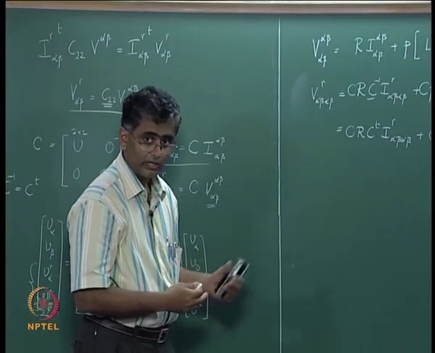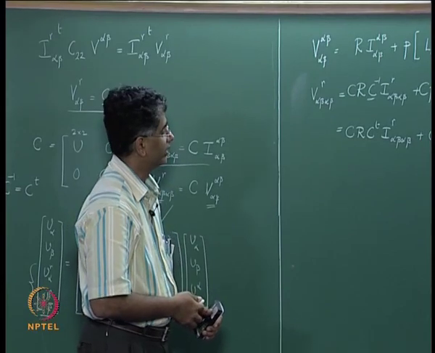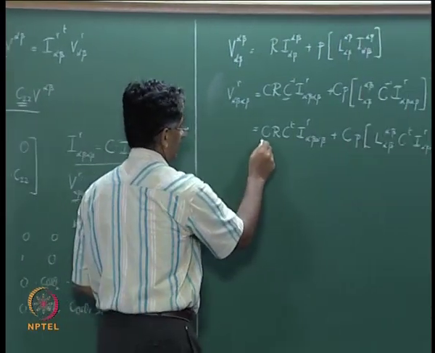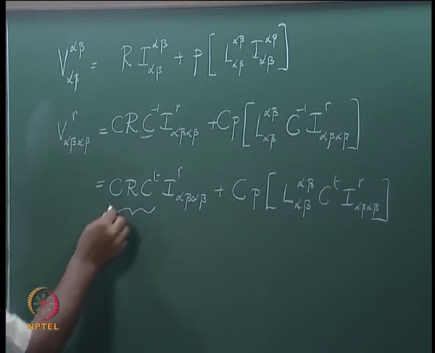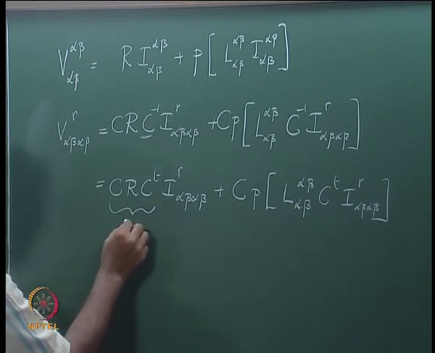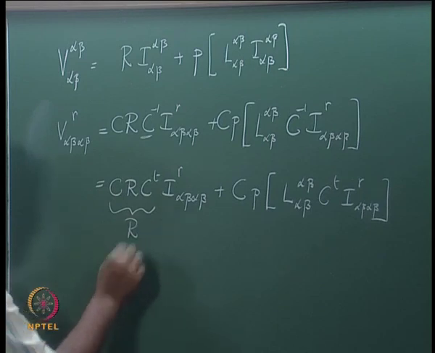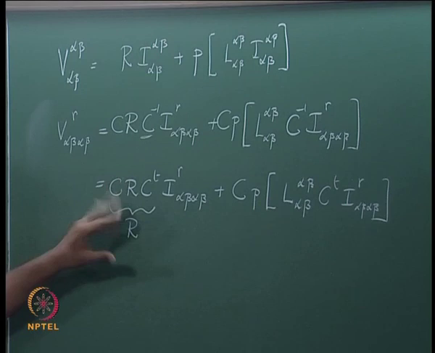Now this is what we need to expand, and we will try to do that now. This matrix C R C transpose is fairly easy to simplify. I will leave that again to you as an exercise. It is easy to show that this matrix is nothing but R, and therefore this part of the expression is fairly easy.